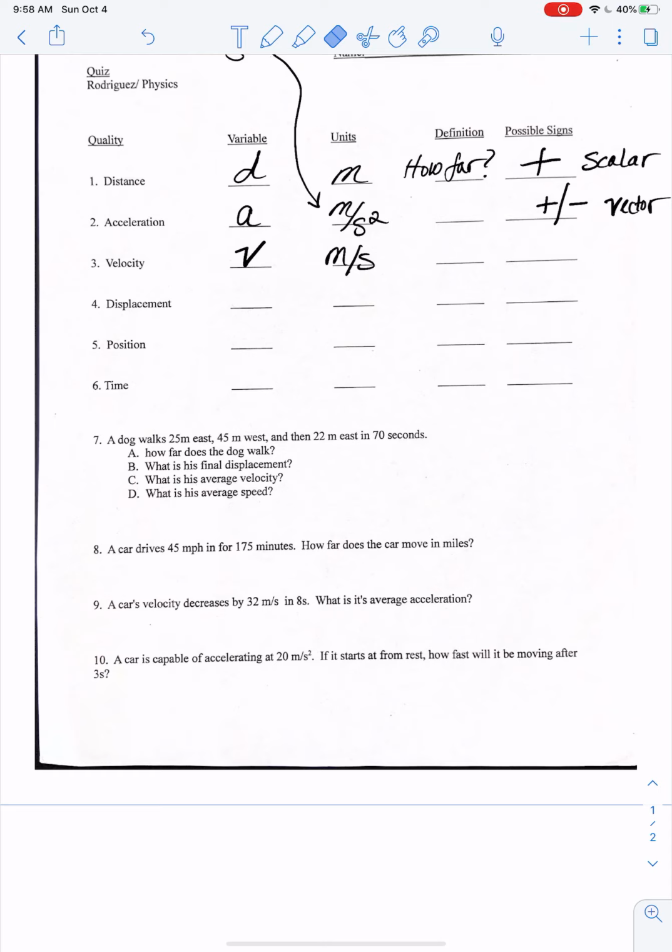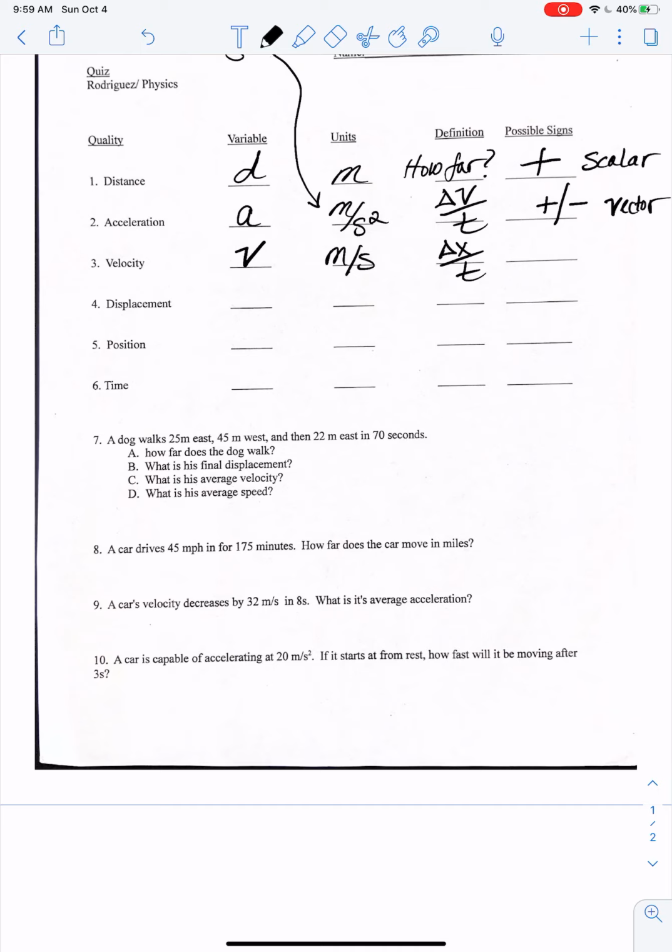So I'm thinking previous years, what I did here for the definitions of acceleration and velocity is I just wrote formulas. So the formula here is change in velocity over time. And the formula here is change in position over time. And I like doing that better.